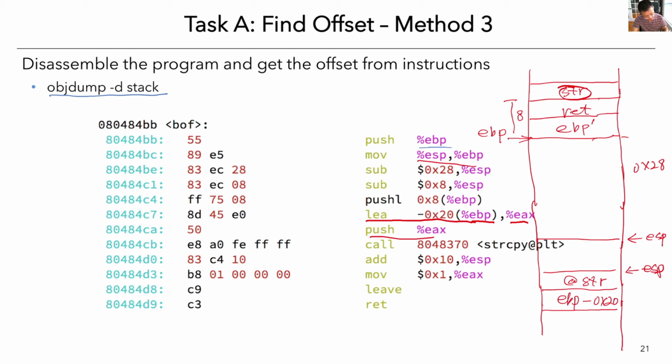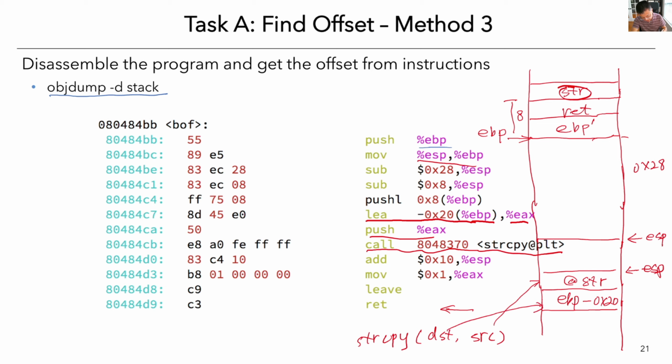If we look at the string copy function, the first parameter will be the destination, then the second will be the source. We know when C pushes parameters to the stack, it pushes from right to left. So this will be the source parameter, and this will be the destination parameter.